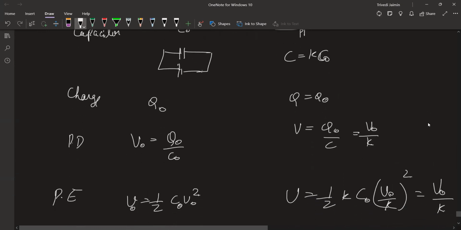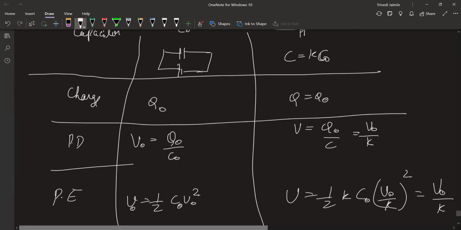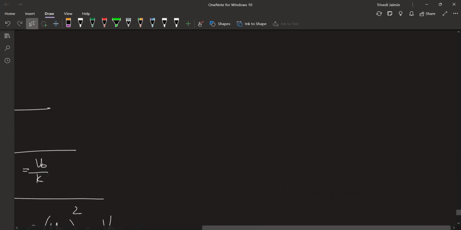It will be better. In absence of dielectric, or in short, when a battery is connected and when a battery is disconnected.